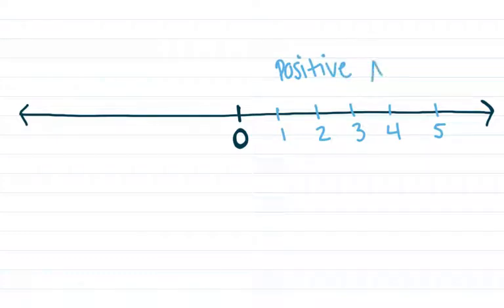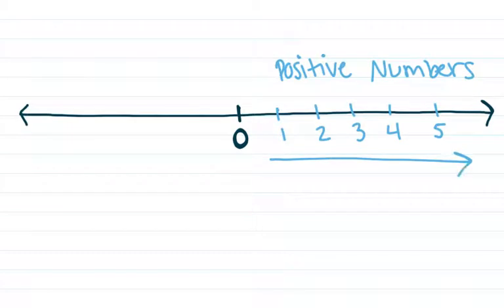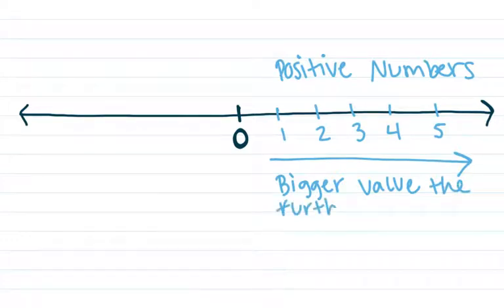What's really cool about the positive numbers is that as they get further away from 0, their value gets bigger. For example, 5 has more value than 1. 5 is bigger than 1.